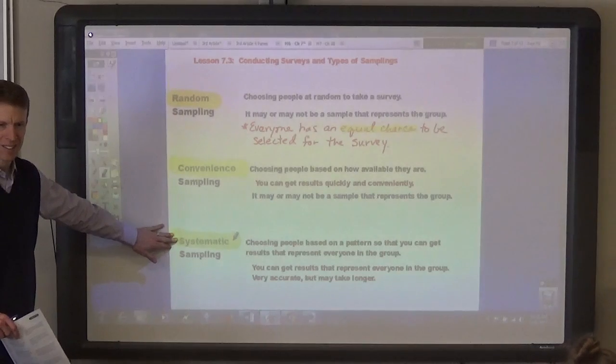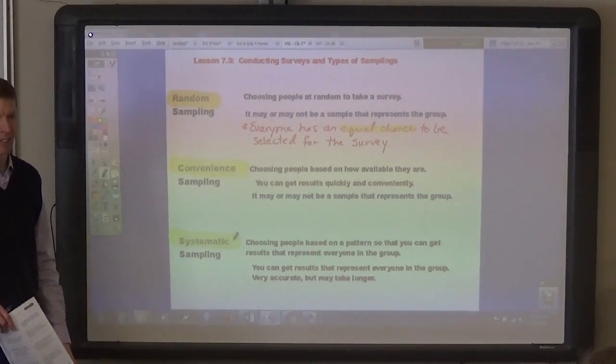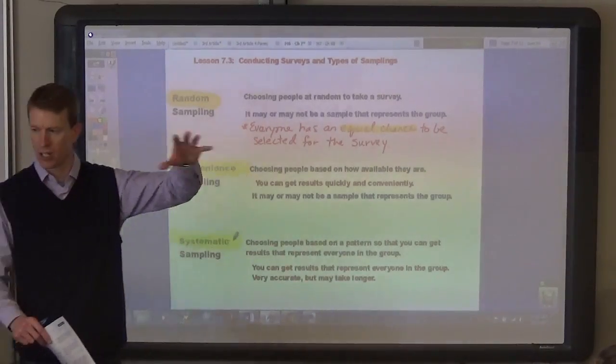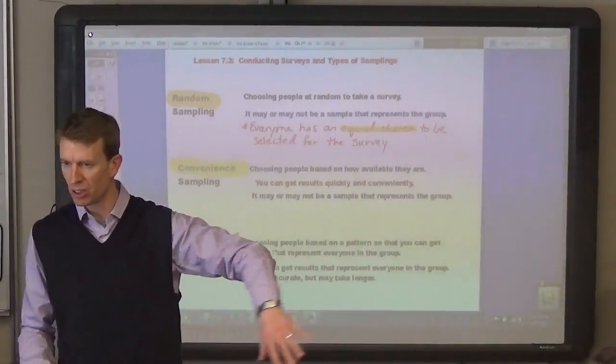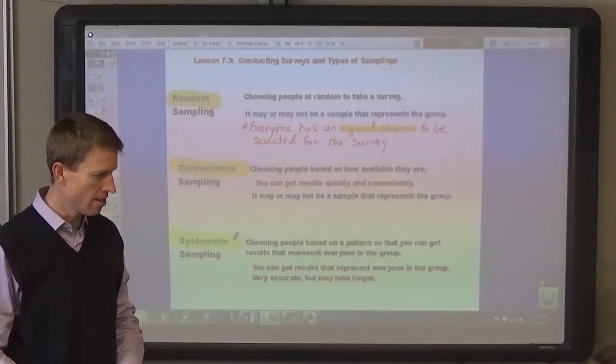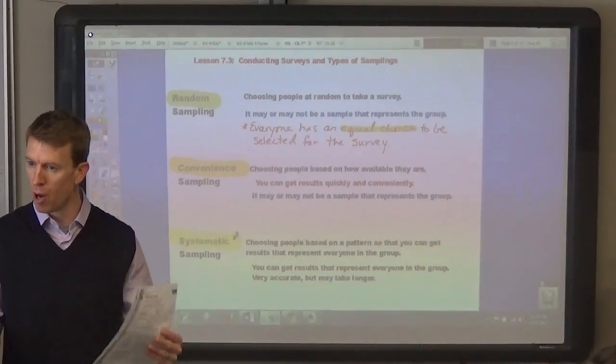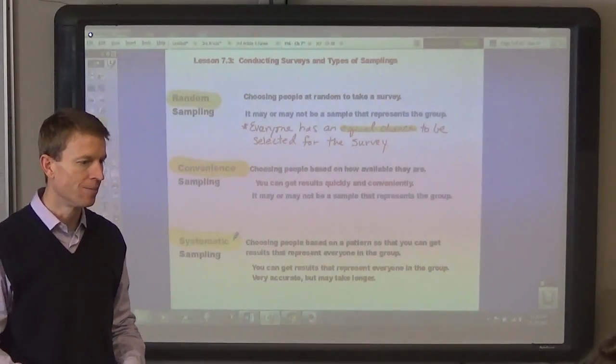No, why not? Because it's a small group, we could ask everybody. And that's just surveying the population. If you're taking a survey of the population, you're asking everyone. If you're going to take a survey of a small group, then you should ask everybody.